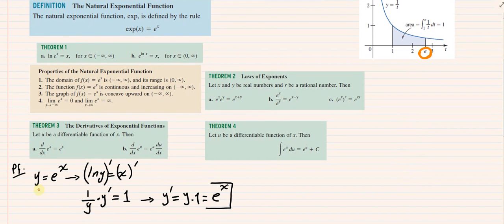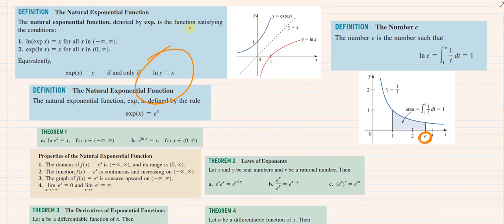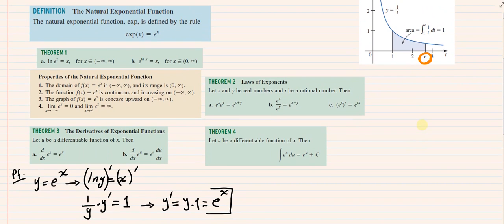So if I call y to be e to the x, then by my definition of the natural exponential function and its connection to the natural log, which was right up here, we can write it as ln of y equals x. We are interested in taking the derivative.